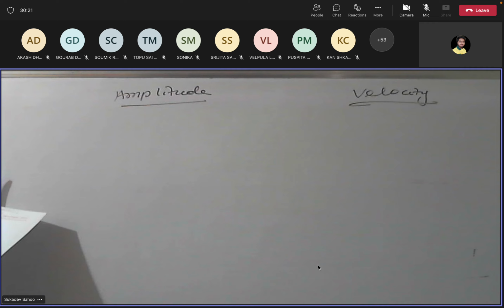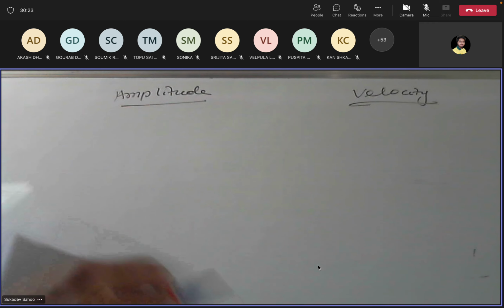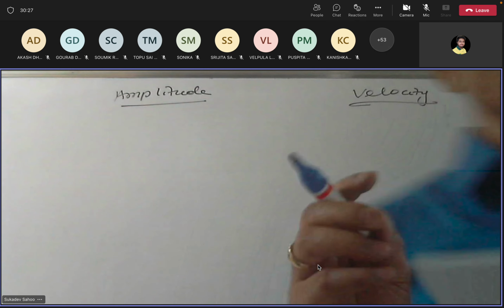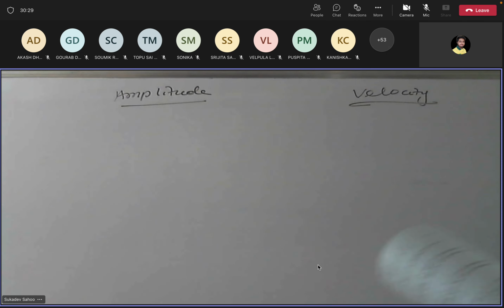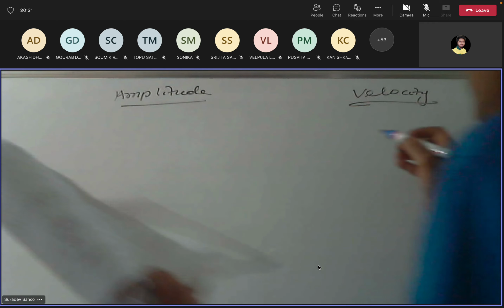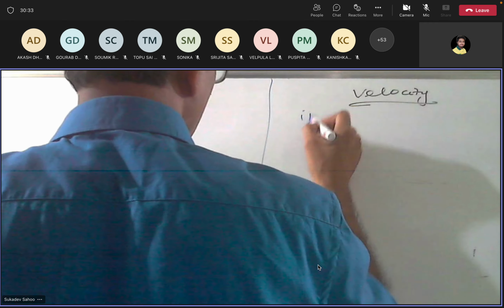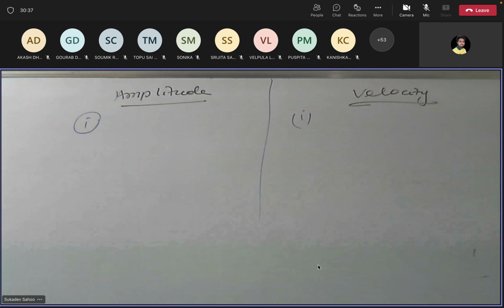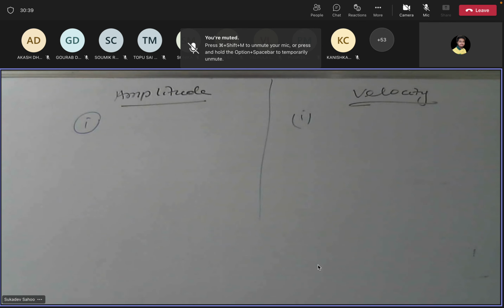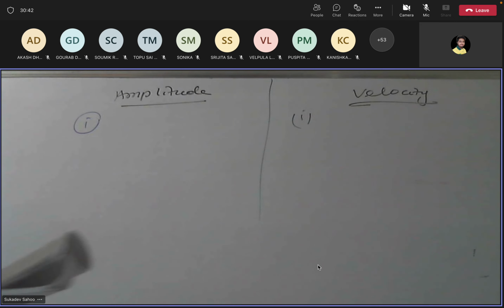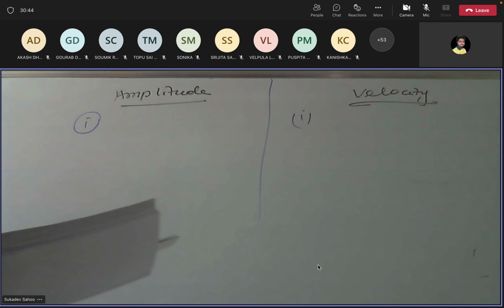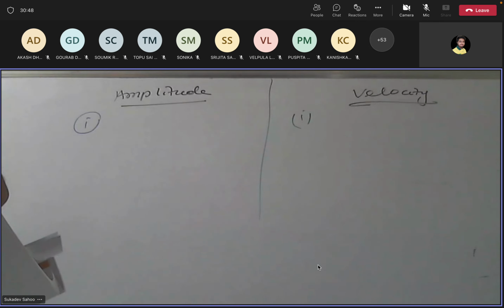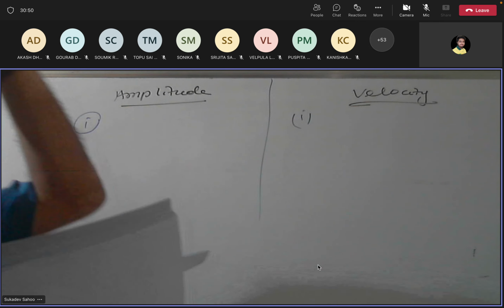In case of amplitude resonance, the amplitude of displacement of the forced oscillator is maximum. In velocity resonance, the amplitude of velocity of the forced oscillator is maximum. Second point, at amplitude resonance, the potential energy of the forced oscillator becomes maximum, whereas at velocity resonance, the kinetic energy becomes maximum.